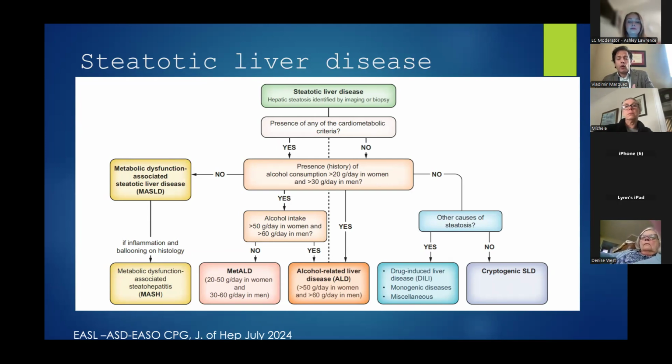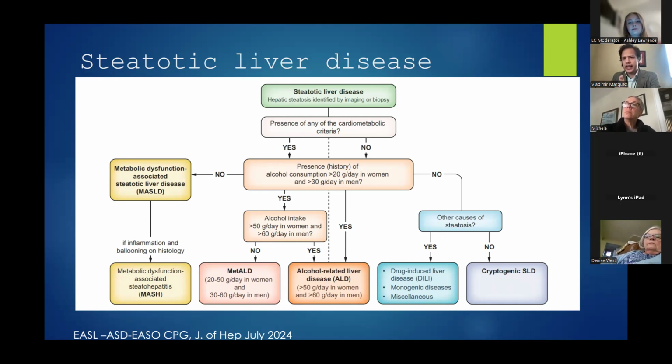Now, when we have this steatotic liver disease, steatosis basically is the medical term for fat. We try to get an assessment if the patient has a history of alcohol use that is significant, or if the patient has these what we call metabolic risk factors.